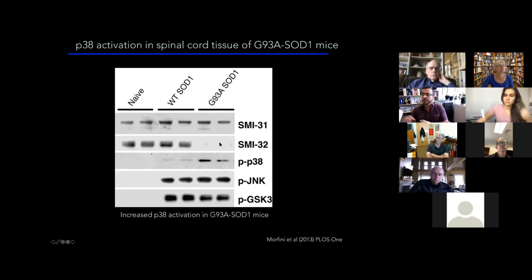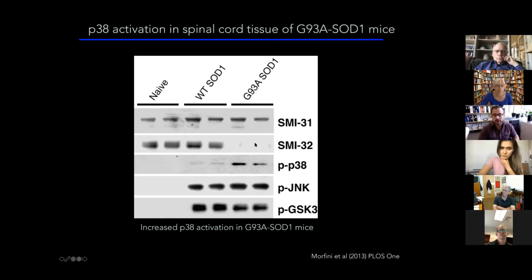But this is a de-phospho antibody, meaning that these neurofilaments are heavily phosphorylated in the mutant mice, okay? So you see the inverse. When you interpret a de-phospho antibody, you have to interpret it backwards compared to a phospho antibody. So that's what this result implies. There's clearly a hyperphosphorylation of neurofilaments at specific epitopes in this tissue, and there's activation of P38 kinases.